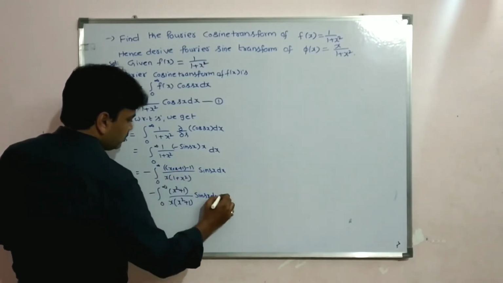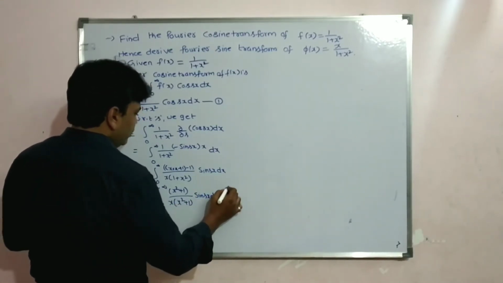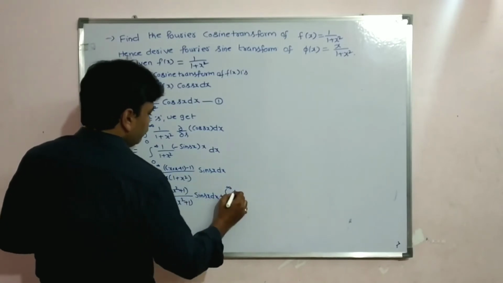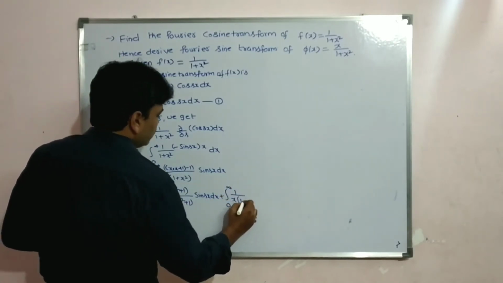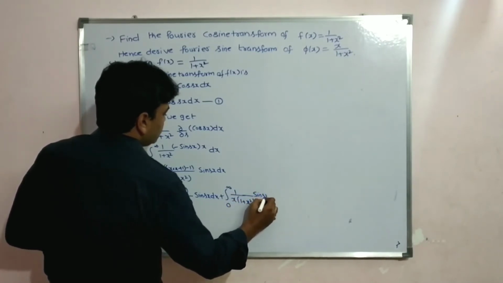Minus into minus, plus: integral 0 to infinity 1 by x into 1 plus x square sin sx dx.